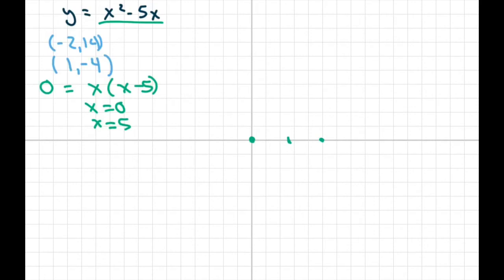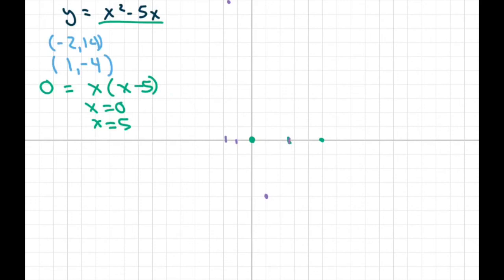I'm not going to get into getting the vertex and all that. But I know that -2 maps to 14, which I don't really have room up here. So I'm going to put it right about there. And I know 1 maps to -4. 1, 2, 3, 4. All right. So I know these 3 critical points. And I know this is the midpoint, so we're down in here.